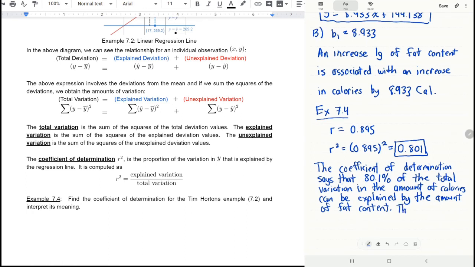Now the remaining 19.9% of the total variation can be explained by other factors.